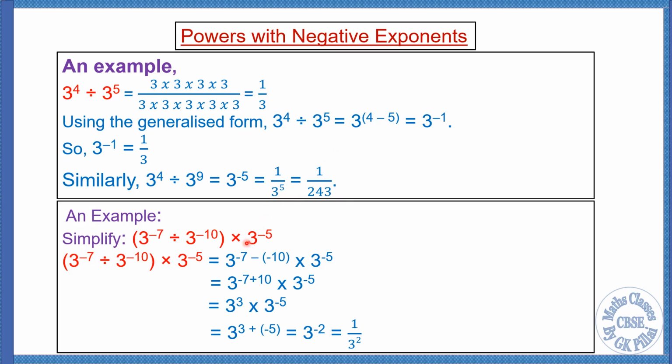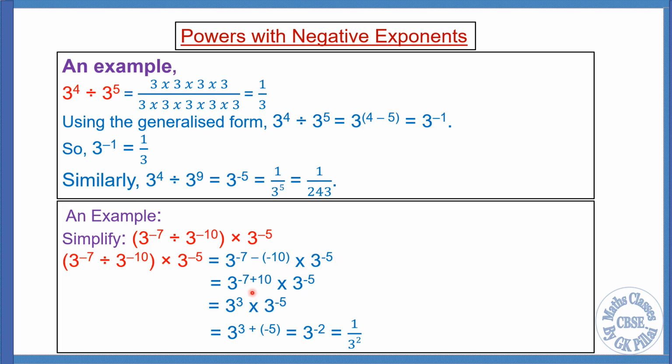Another example, (3 raised to the power of minus 7 divided by 3 to the power of minus 10) into 3 to the power of minus 5. Everywhere it is a minus sign. So when you write this one, this is equal to, here there is a division sign, so we will subtract the exponents. 3 raised to the power of minus 7 minus of minus 10 into 3 to the power of minus 5.